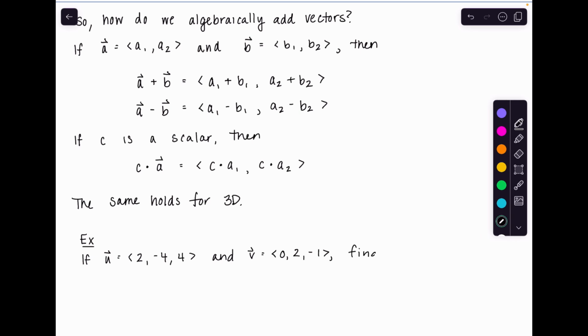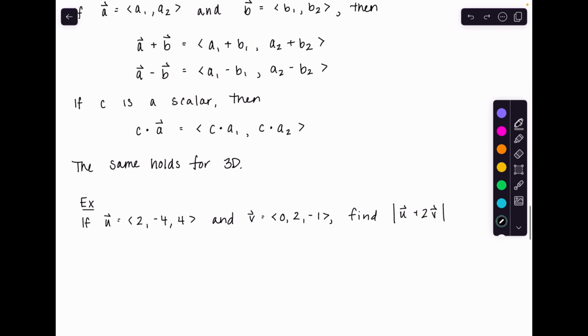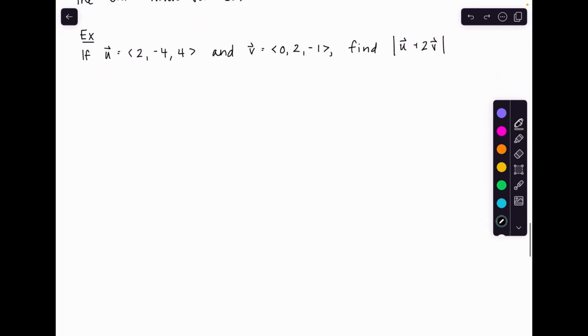We're going to go ahead and find U plus 2V, and we're going to find the magnitude of this vector. Okay. So before I can find the magnitude, I've got to find the thing on the inside first. So we need to figure out what is the vector U plus 2V.